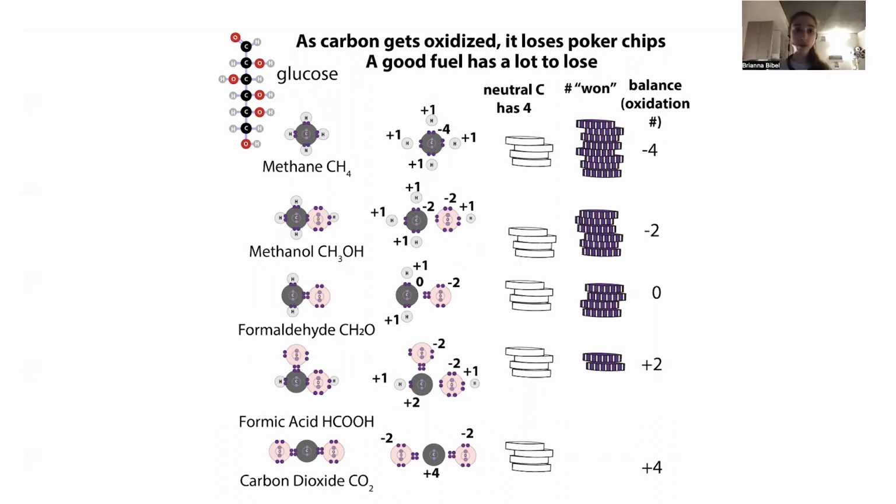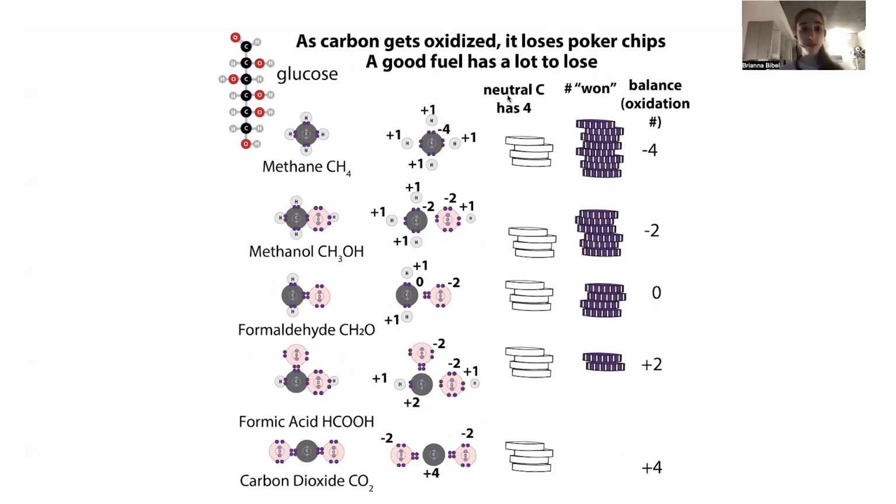And so a good fuel would have not that many double bonds, say, and it would have fewer bonds to oxygen. Whereas in the case of your final spent fuel, you're going to have more bonds to oxygen and fewer bonds to hydrogen. Your molecule is going to be more oxidized.